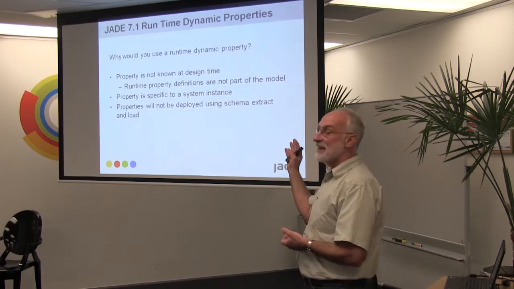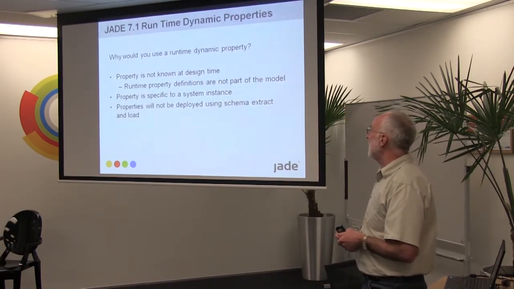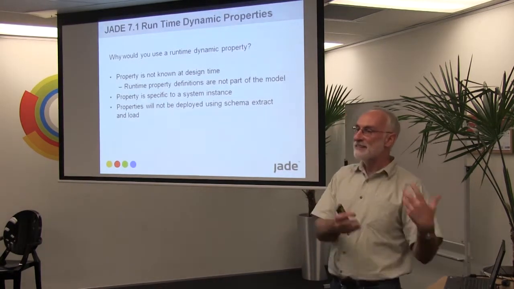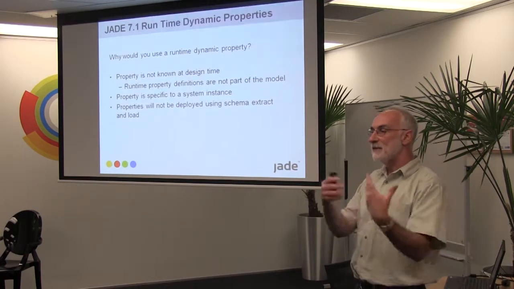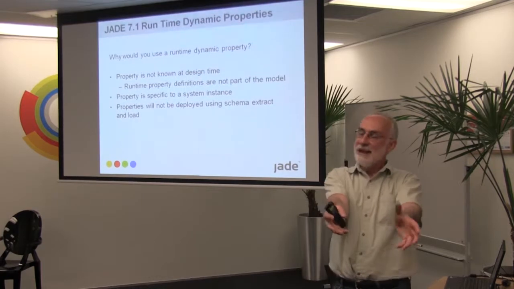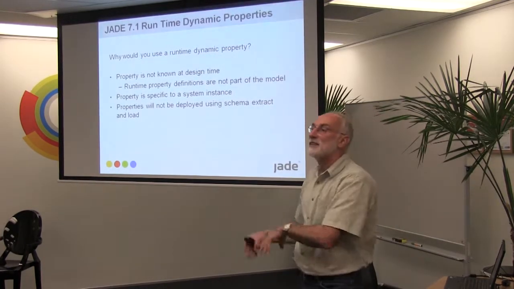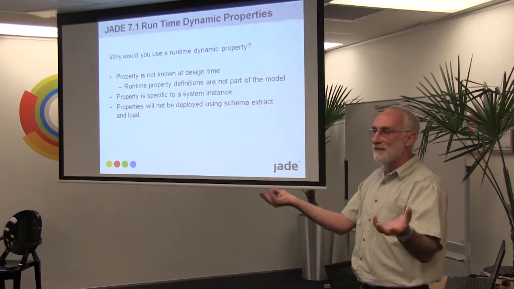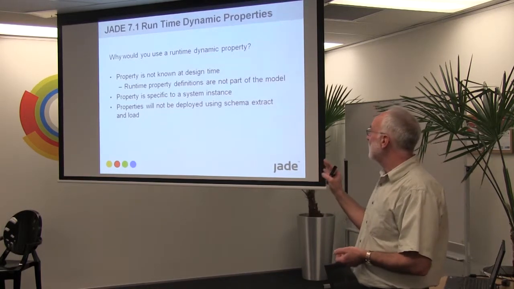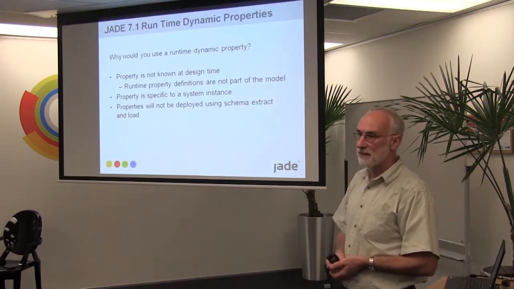So in that case, they're runtime dynamic properties, and the property definitions are not part of the model, they're part of the data, part of the application, and they could vary from one instance of the application to another. You could have user A that's got these properties defined on the user, and user B's got a completely different set because they have different requirements. We're not extracting them, we're not loading them, it's not deployed, so this is a runtime dynamic property.